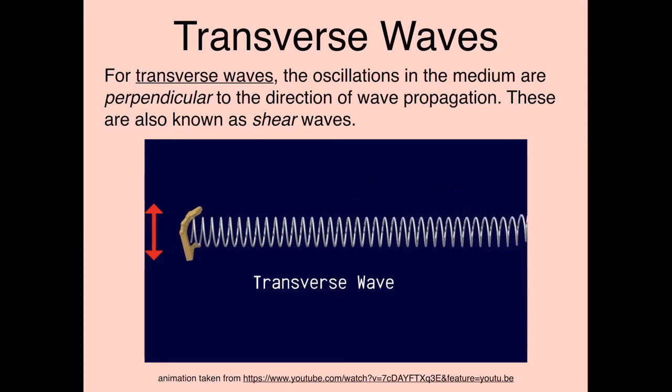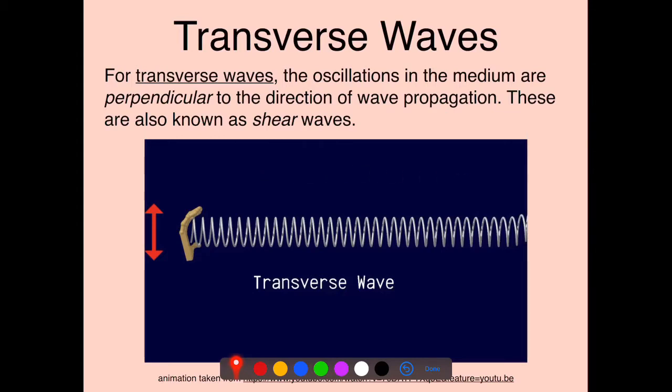Okay, so what I want you to notice is this. If you look at any given part of the slinky, it's being shaken up and down. So the oscillations in the slinky are up and down like this. But the wave is clearly moving to the right. That pattern of oscillations you see is clearly moving to the right.